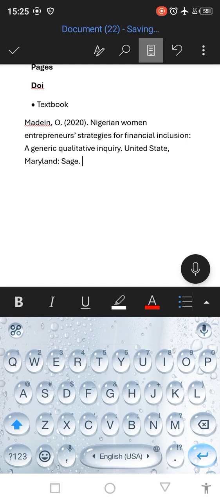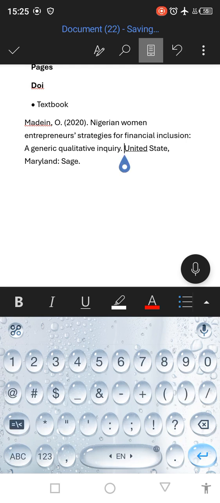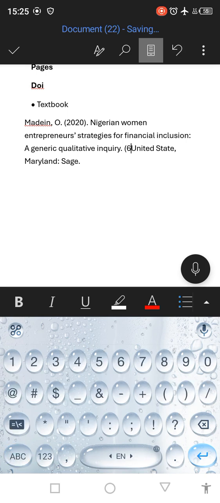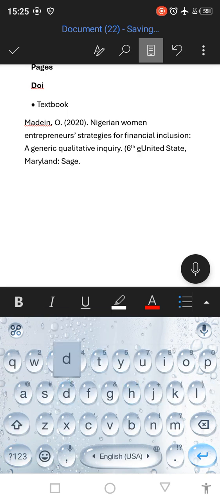Either that textbook is first edition, second edition, third edition, whatever edition that it is, you have to put it there. So this edition comes after the title, before the United States, like sixth edition.